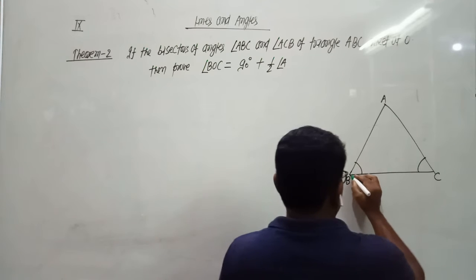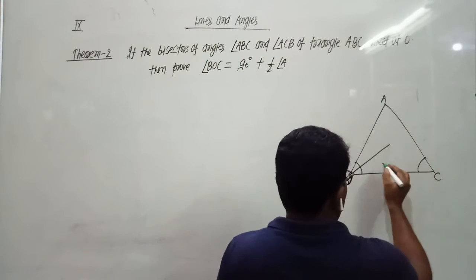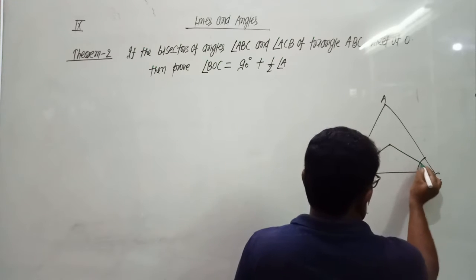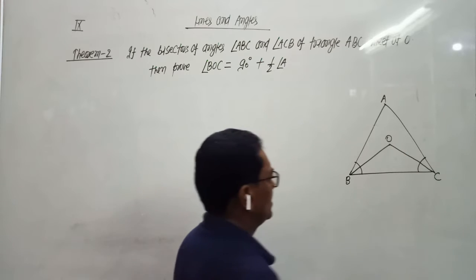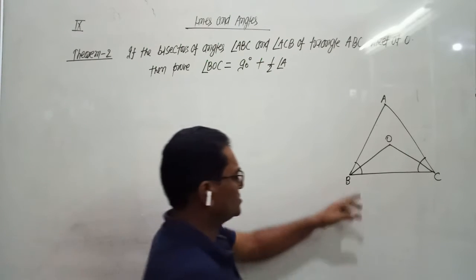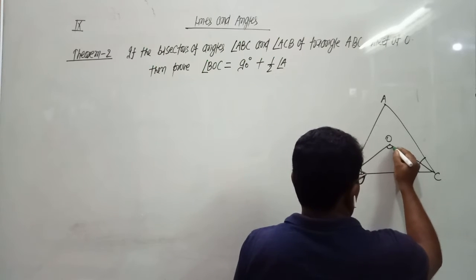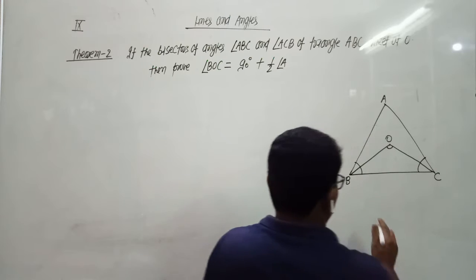Angle ABC means angle B, and bisector of angle ACB, they meet at O. Then prove that angle BOC is equal to 90 degrees plus half angle A.